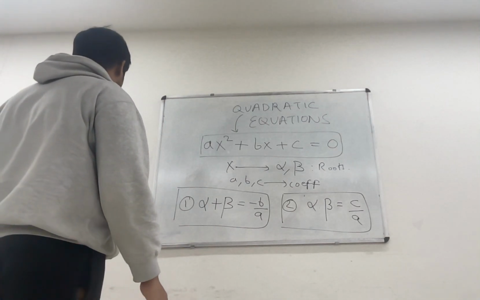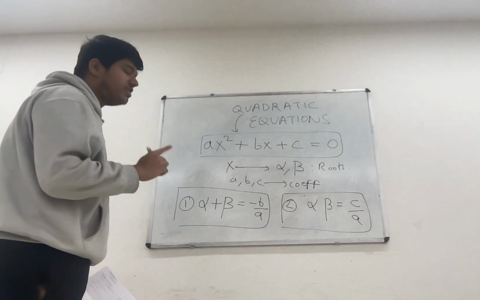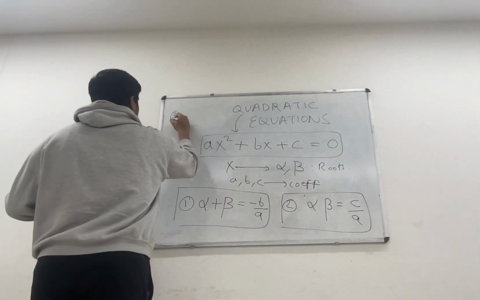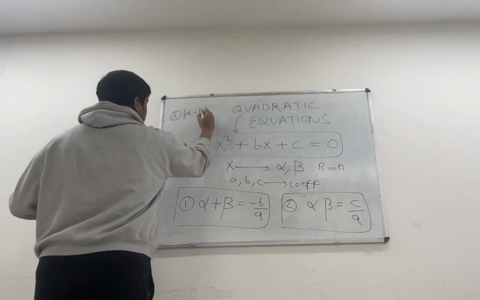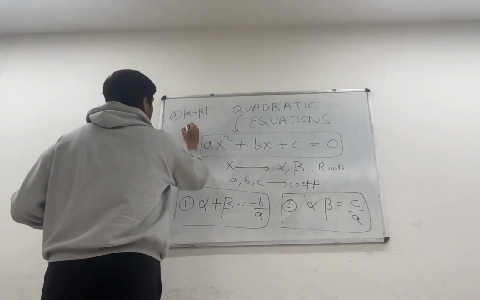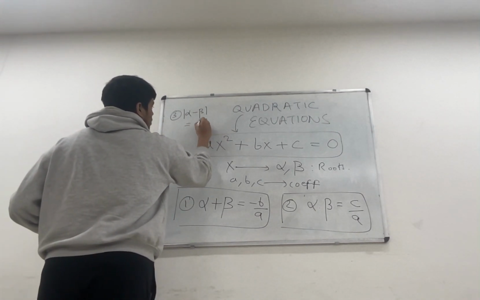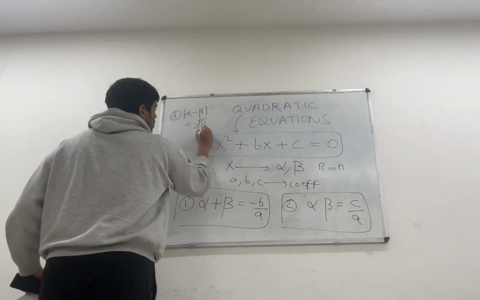Now the third is a less known but still very useful one. Third is mod of alpha minus beta, which is equal to root of d by mod a.